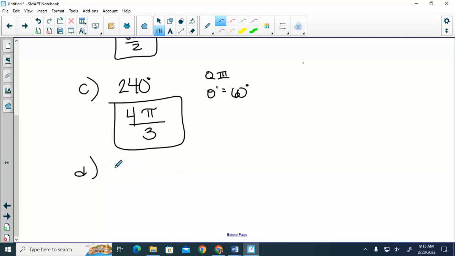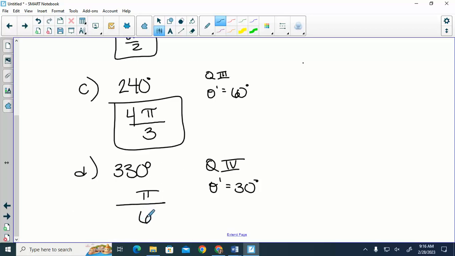D, 330. What quadrant is 330 in? Reference angle. 360 minus 330 is 30. So we should know 30 degrees is pi over 6. Okay, in the fourth quadrant, what's the pattern?